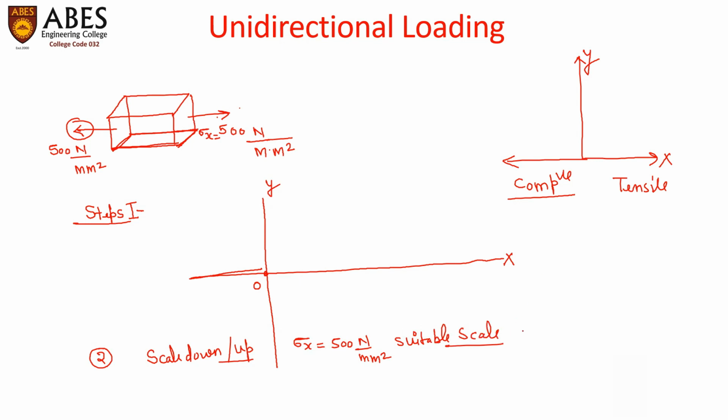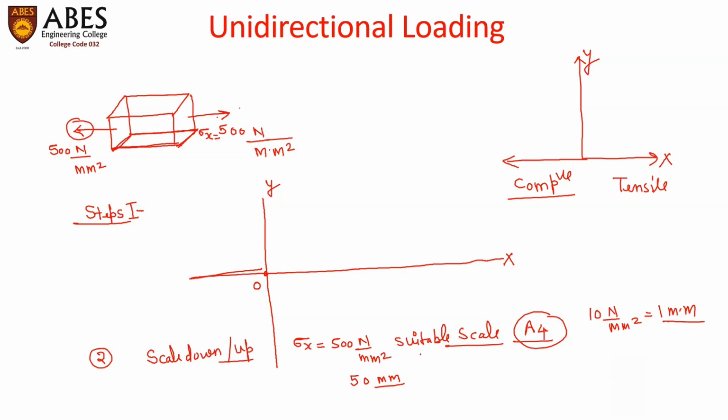The paper which we generally use is of A4 size. So we may take 10 Newton per mm square equal to 1 mm. So sigma x with the magnitude 500 Newton per mm square is converted into a scaled down value of 50 mm. As 1 mm stands for 10 Newton per mm square, 50 mm stands for 500 Newton per mm square.